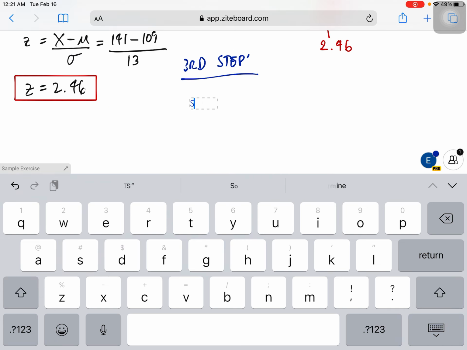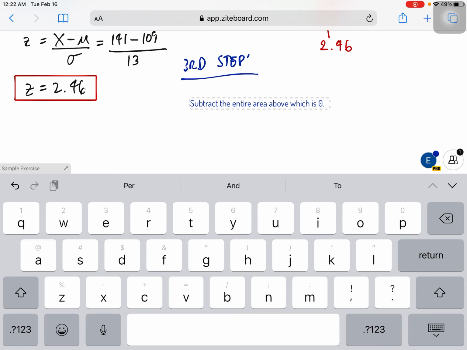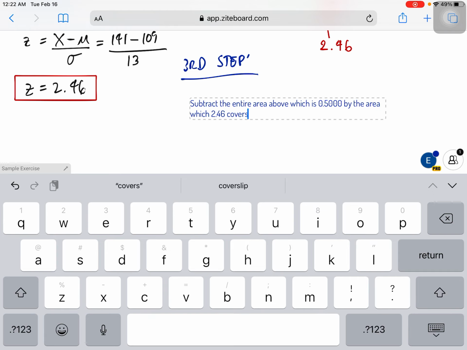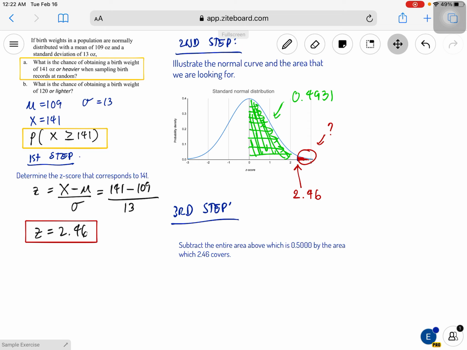So the third step is to subtract the entire area above the mean, which is 0.5000, by the area which corresponds to 2.46.